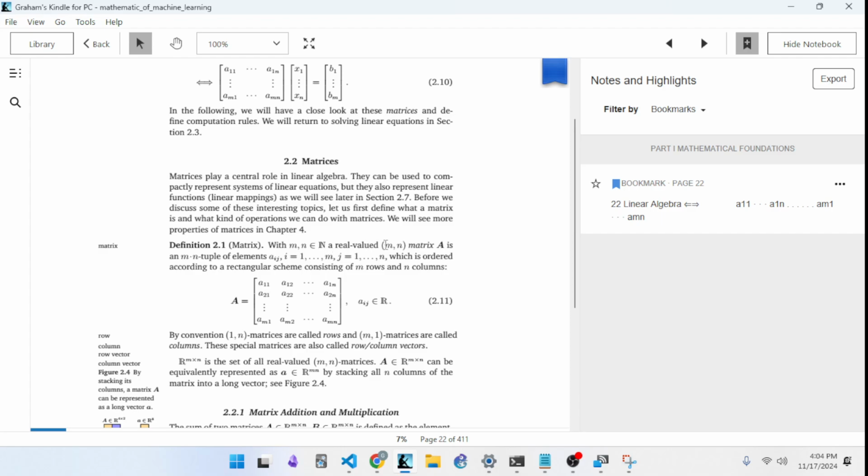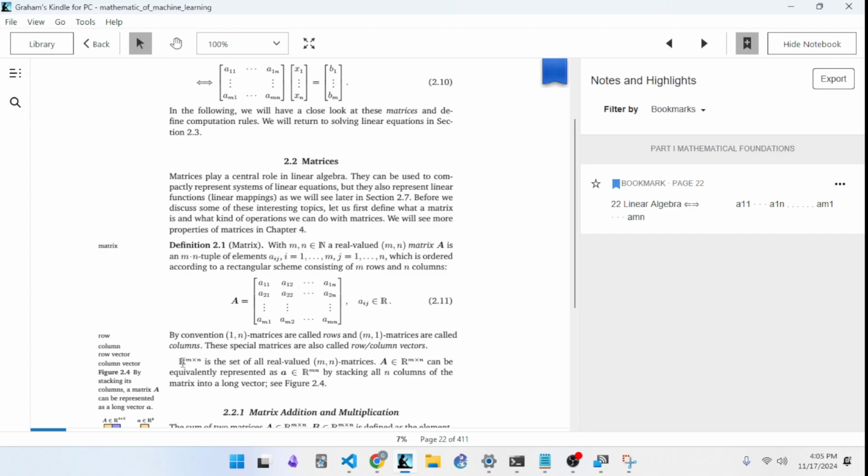So in a real-valued matrix, A is the tuple of elements, which is ordered according to a rectangular scheme consisting of m rows and n columns. By convention, 1 comma n matrices are called rows, and m comma 1 matrices are called columns. So we have rows and columns here. These special matrices are also called row/column vectors.